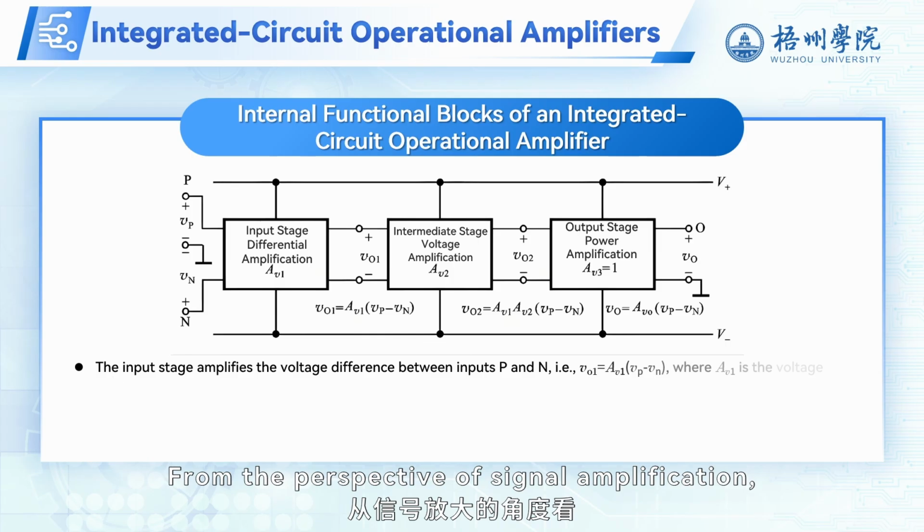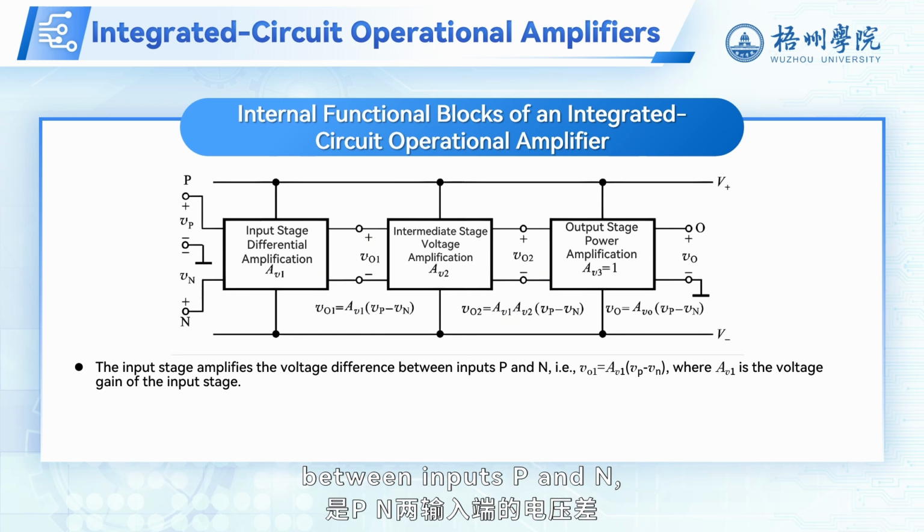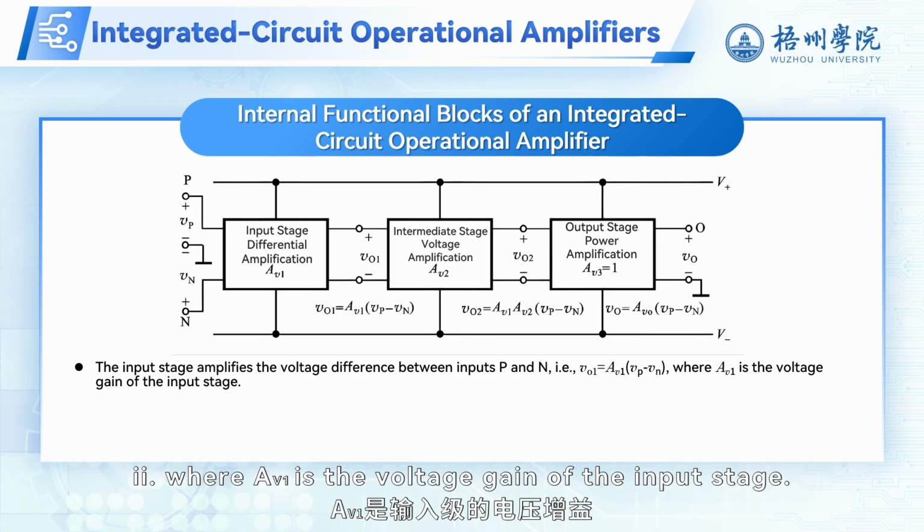From the perspective of signal amplification, the input stage amplifies the voltage difference between inputs P and N, i.e., V_O1 equals A_V1 times (V_P minus V_N), where A_V1 is the voltage gain of the input stage.